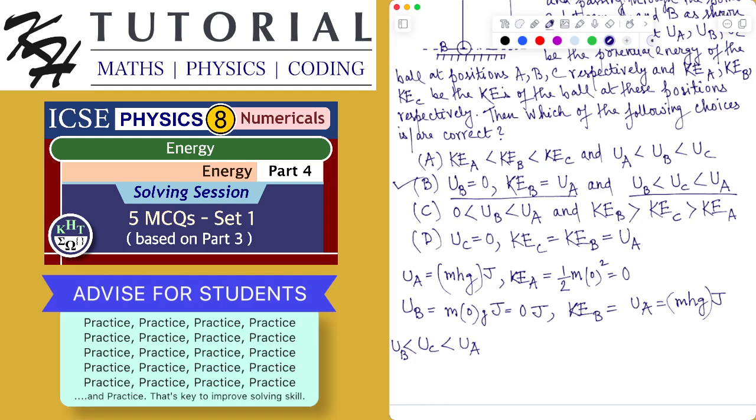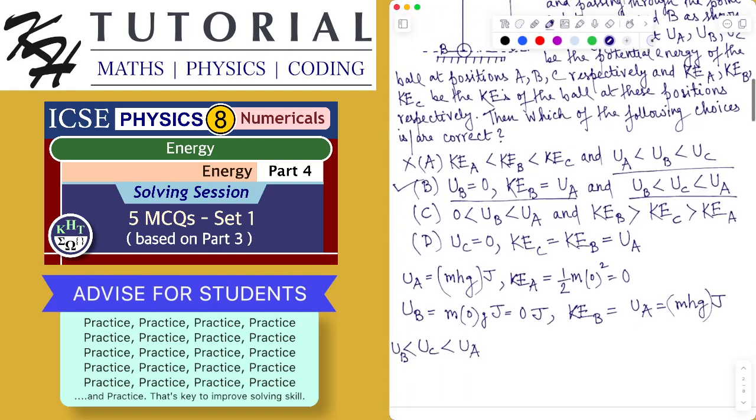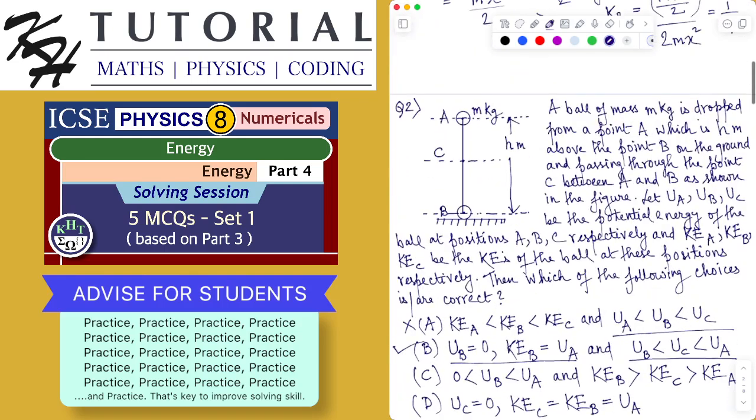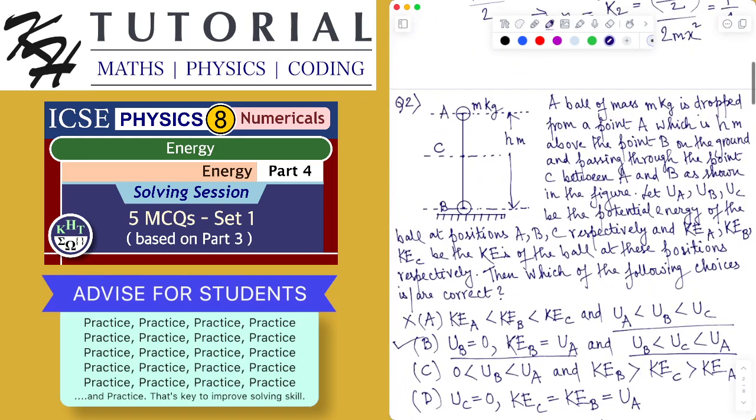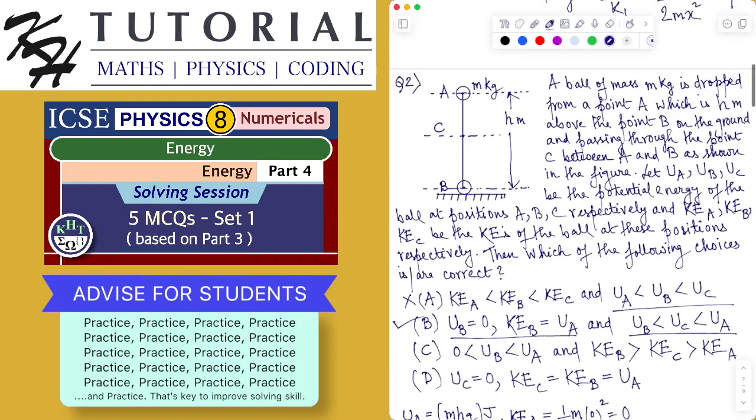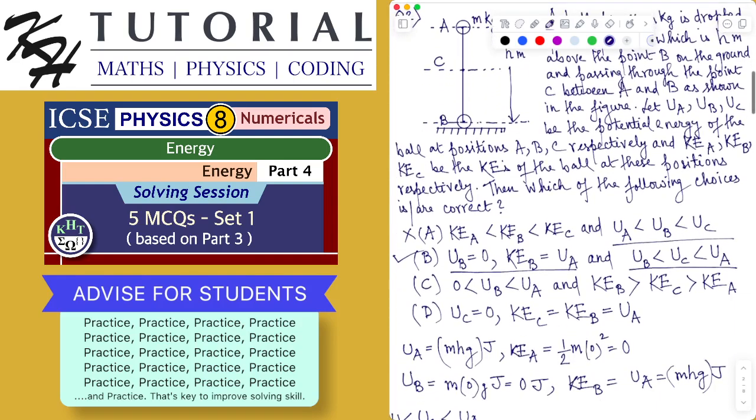Now choice A is incorrect, this solution is wrong. Let's see choice C. It is given that UB is less than UA, of course, because UB is 0, but UB is not greater than 0.